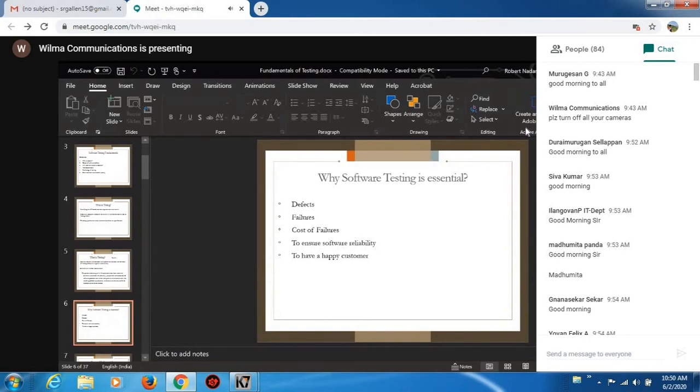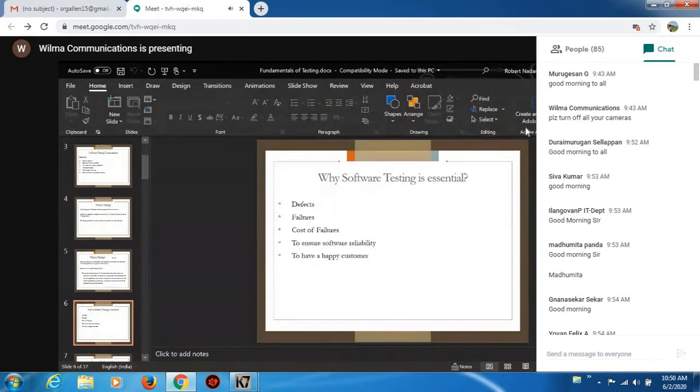Again, you have to spend to redefine the features and functionality, rework the resources, and redefine the hardware configuration, software configuration, and environmental setup. To overcome all these things, we have to conduct appropriate testing once your product has been developed.